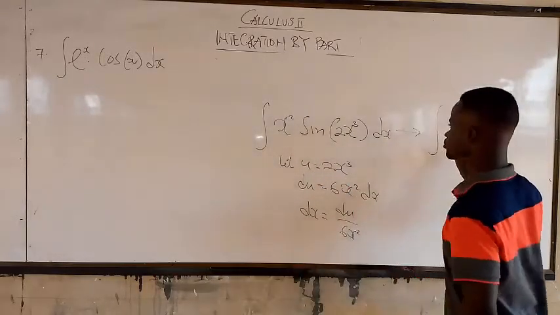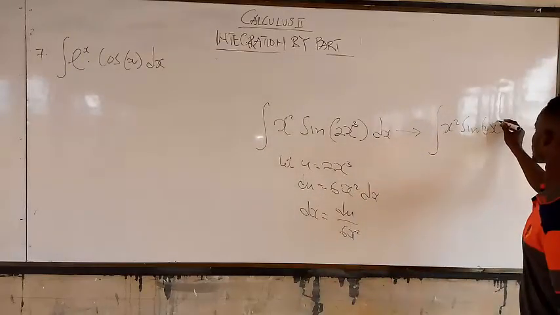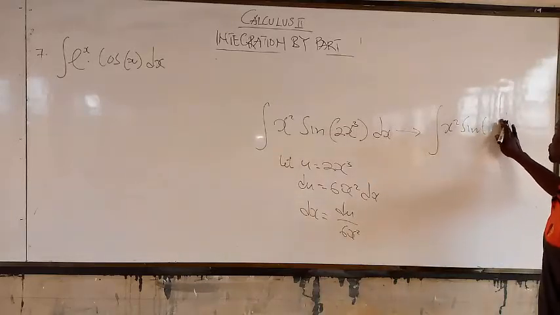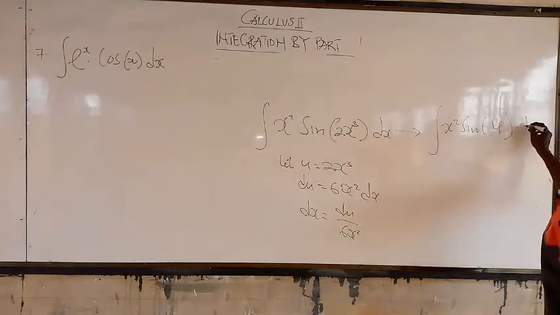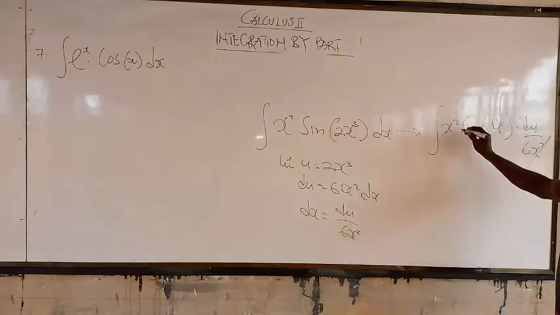And by substitution, don't forget that the whole of this is u. So by substitution, ds is du over 6x squared. And this cancels this.